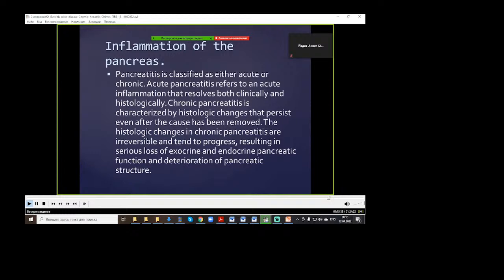The histological changes in chronic pancreatitis are irreversible and tend to progress, resulting in serious loss of exocrine and endocrine pancreatic function and deterioration of pancreatic structure.